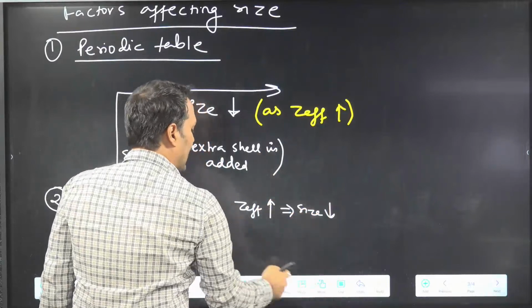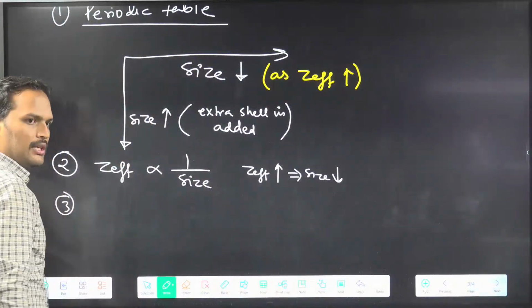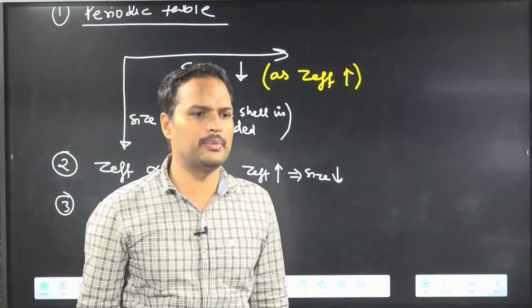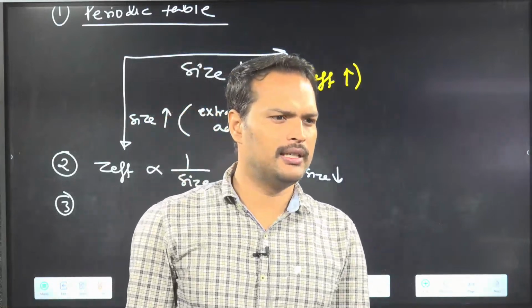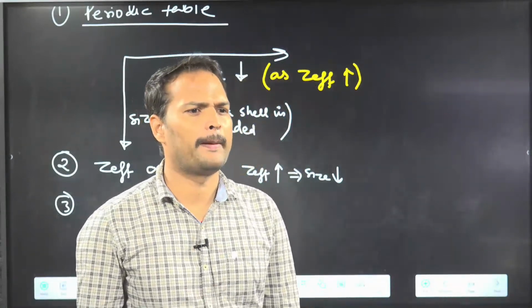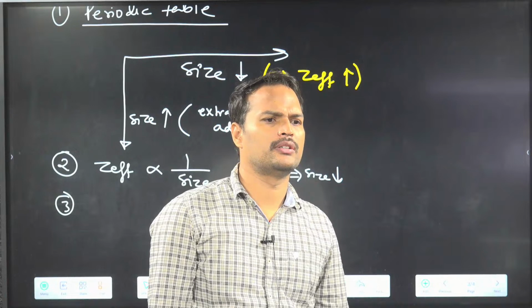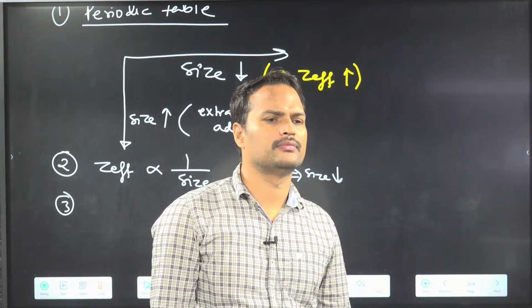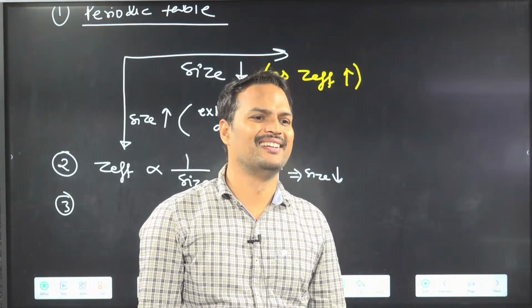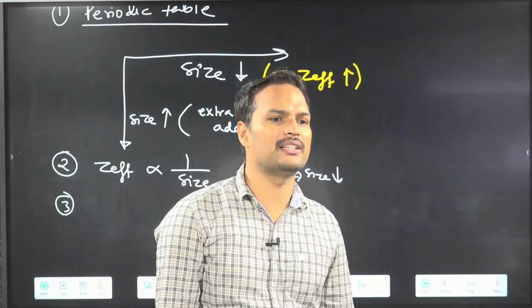Acha. Now let's see who is able to tell this answer. Let's see what you are writing, Srinivas. Cesium is more shielded by the inner electrons, so Z effective should be less for cesium.